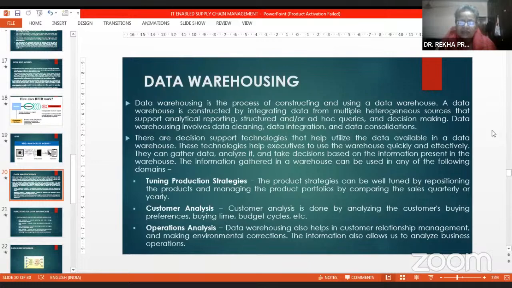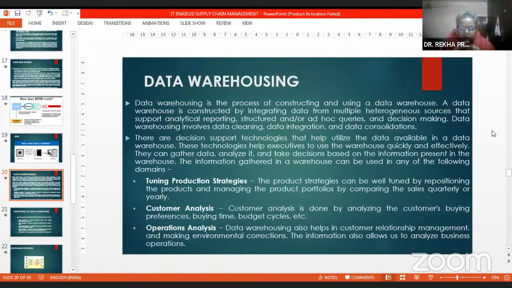The information gathered in a data warehouse can be used in any of the following domains. Tuning production strategies: the product strategies can be well tuned by repositioning the products and managing the product portfolios by computing the sales quarterly or yearly.